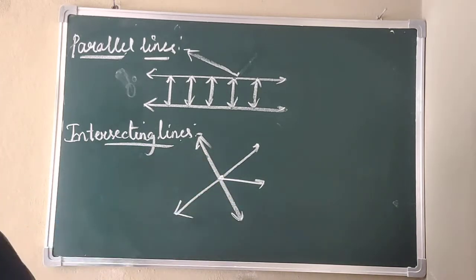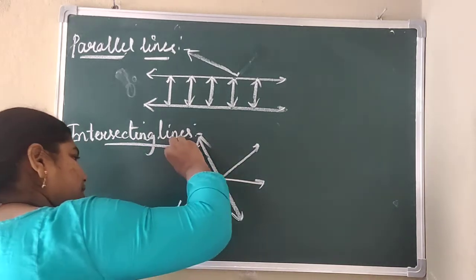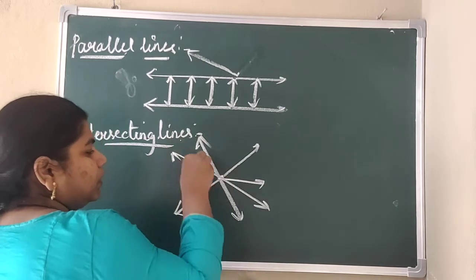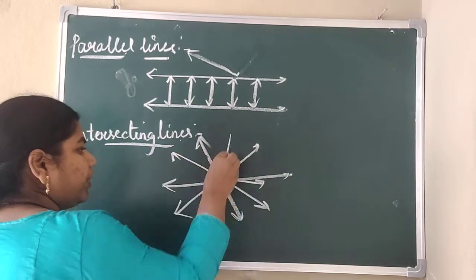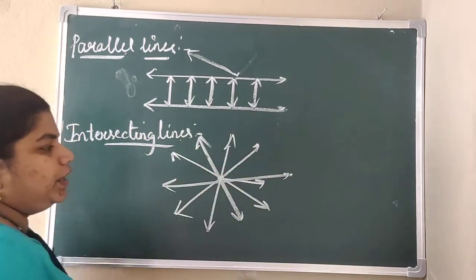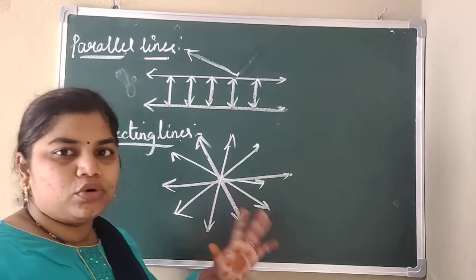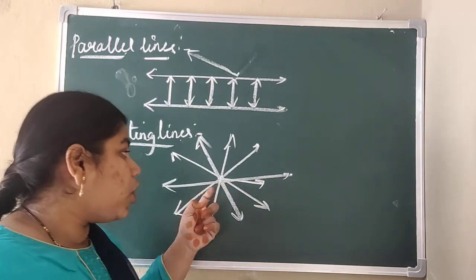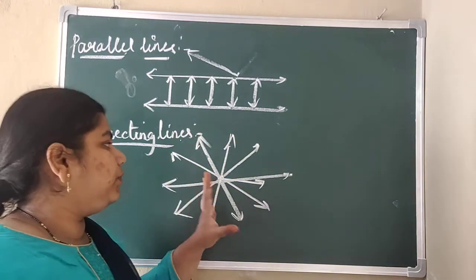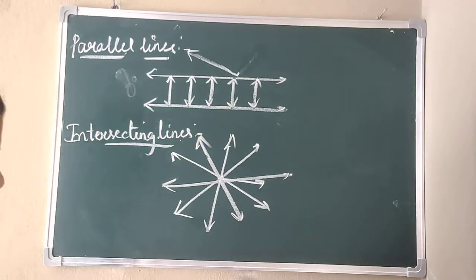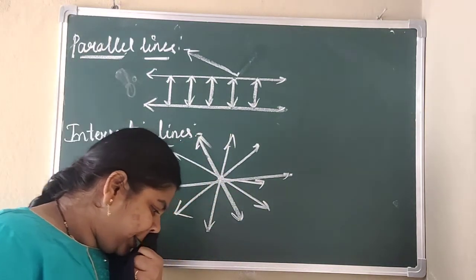So these two lines we can call intersecting lines. In the same way, you can draw 3, 4, or 5. Any two or more lines intersecting at one common point are called intersecting lines.